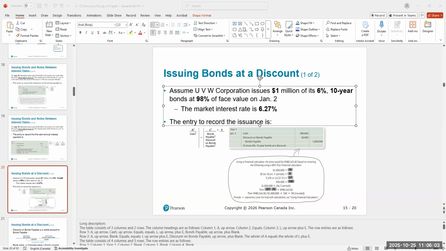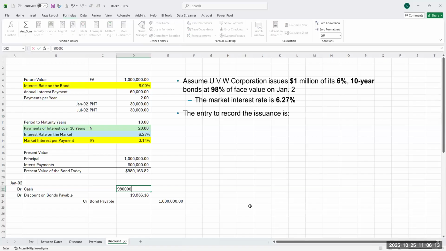If we want to match in Excel, we're going to change this amount to 980,000, and then we have an exact match with the $20,000 on the slides. But in reality, if we have to be precise, we have to use the present value that we calculate from our formula.